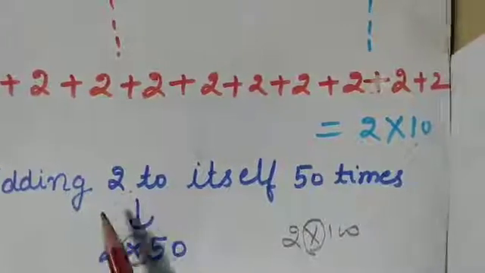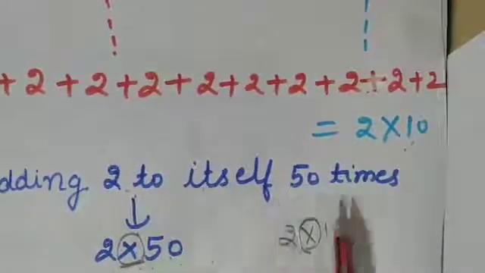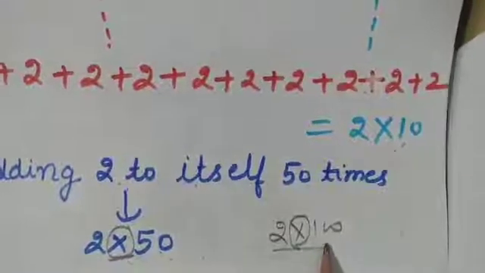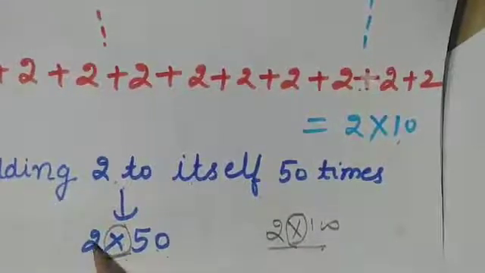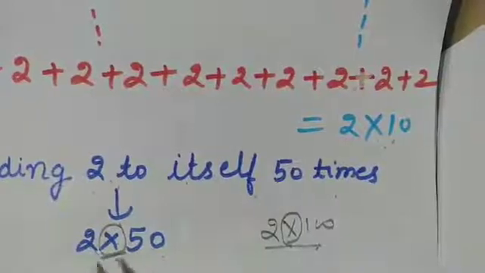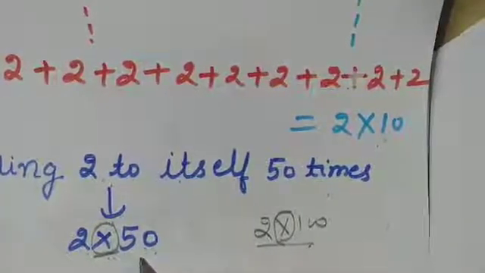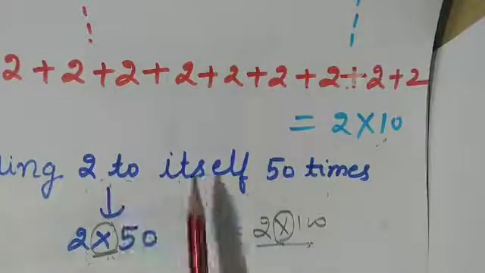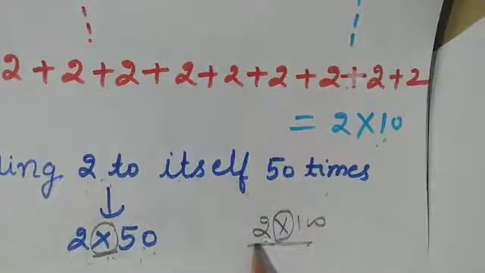And adding 2 to itself 100 times can be written as 2 into 100.